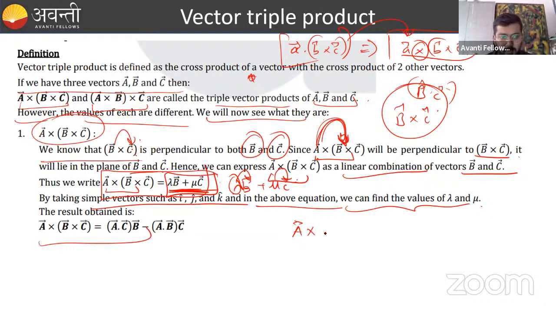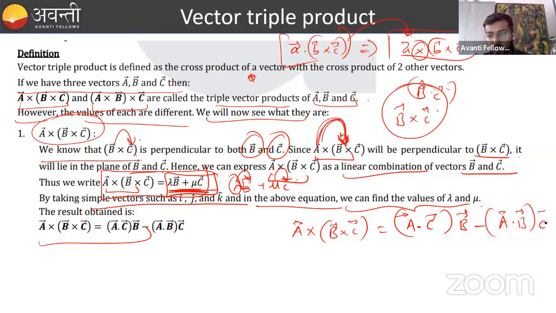Whenever you do the vector triple product a bar cross b bar cross c bar, that lambda and mu, you have to remember, this comes out to be a bar dot c bar into b bar minus a bar dot b bar into c bar. Whichever vectors are there in the bracket of the cross product, you have to use those vectors in the linear combination.